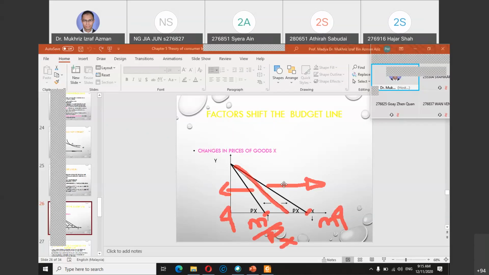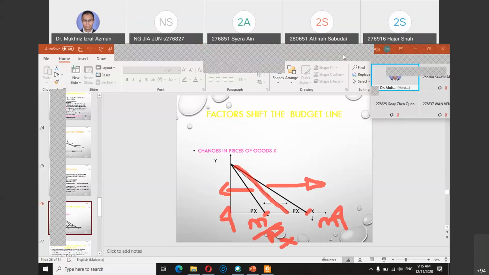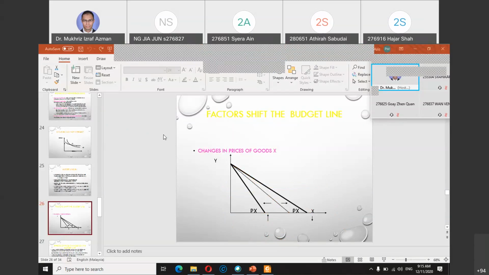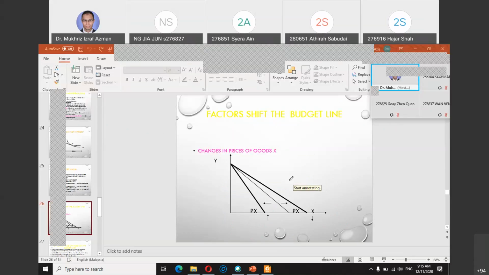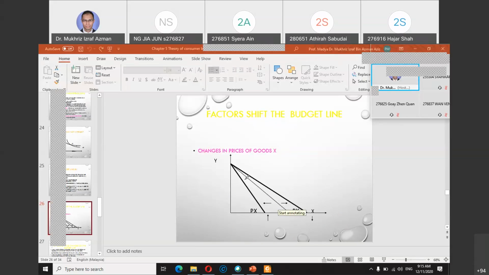I made a mistake here, so let's start again. Budget line can change if this is the kind of change that you see. This is the original budget line, and in this case the shift only happens on the x-axis.